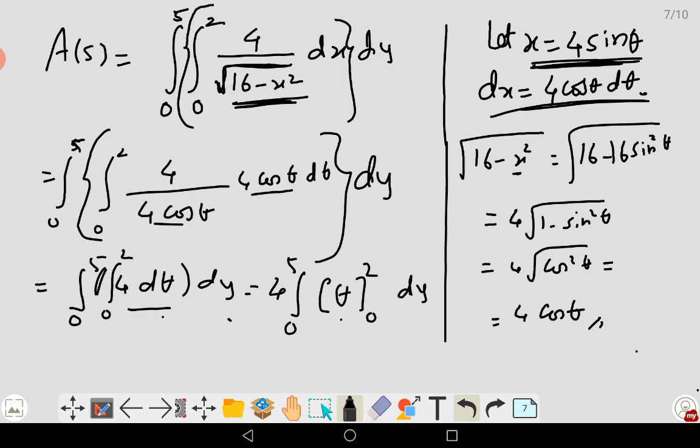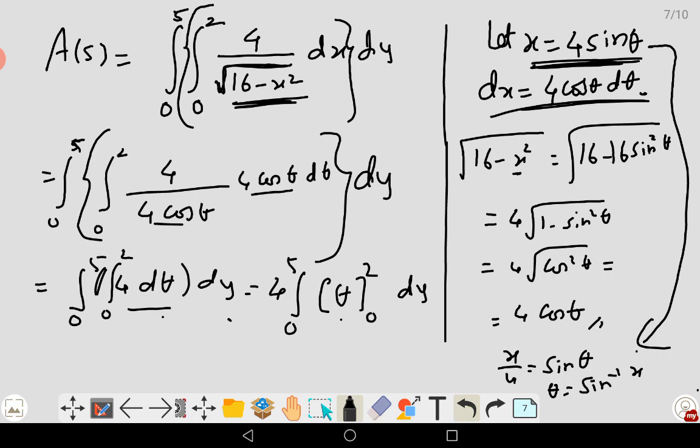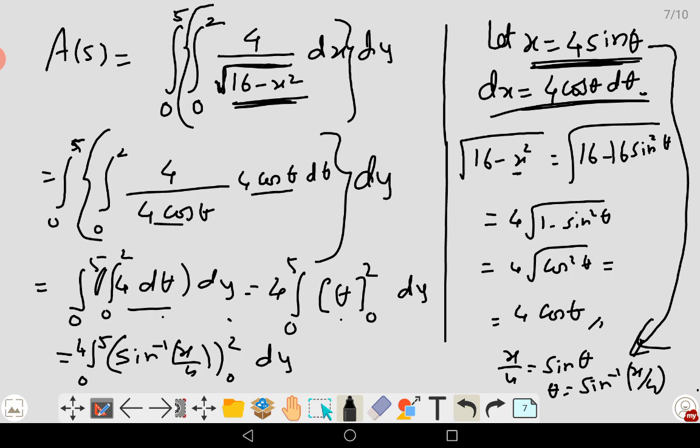So what is theta from the value of x? Find it here. X over 4 is equal to sin theta. Therefore theta is sin inverse x over 4, isn't it? So replace it. Outside integral is 0 to 5, there is a 4, theta will be sin inverse x over 4, from 0 to 2 dy.